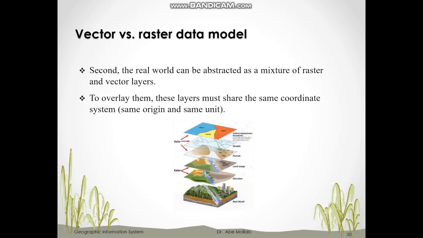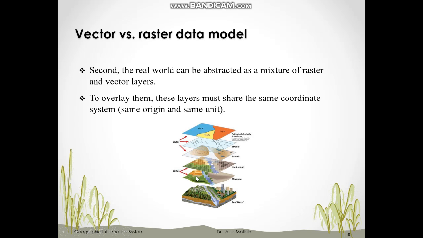And the second difference is that the real world can be abstracted as a mixture of raster and vector layers. For example, for land use and elevation here, you can use the raster data model, right? So these are rasters.